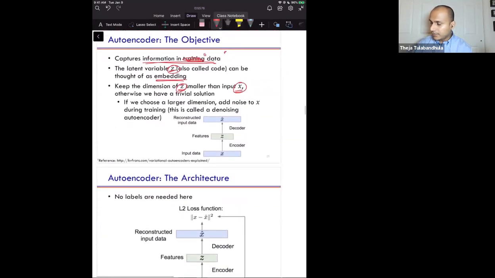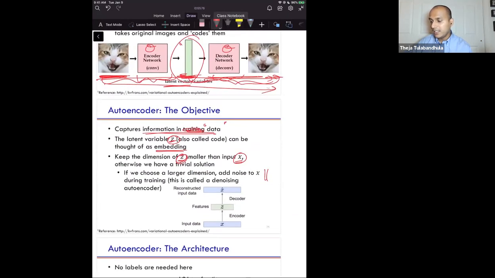This point is about choosing a larger dimension for the intermediate z's. For example, if your x is 32 cross 32 cross 3 and your z is also 32 cross 32 cross 3, there is nothing to map. You can have an identity mapping. This whole thing can be an identity function, so z will be the same image, and this part can also be identity, and you'll get back the image.